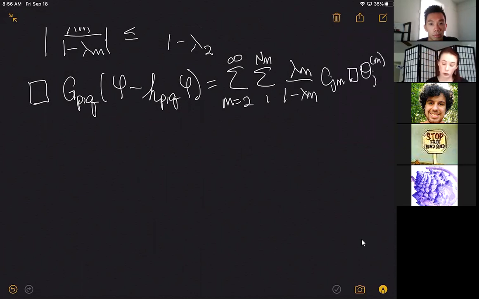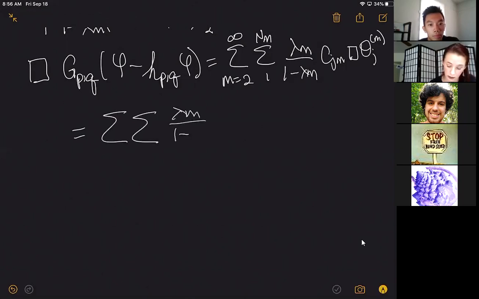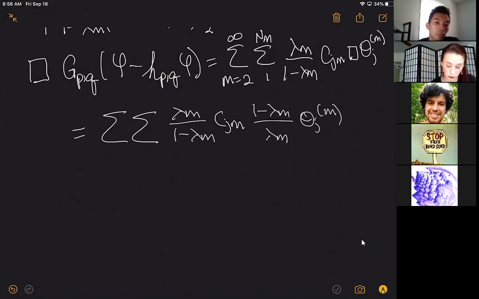But we know what the eigenvalues of box are, and theta sub j m are eigenvectors. That's how we defined this. So this is going to be equal to these sums times lambda m over 1 minus lambda m times c j m, and then this turns into 1 minus lambda m over lambda m, theta sub j m, which is just equal to phi minus the orthogonal projection.